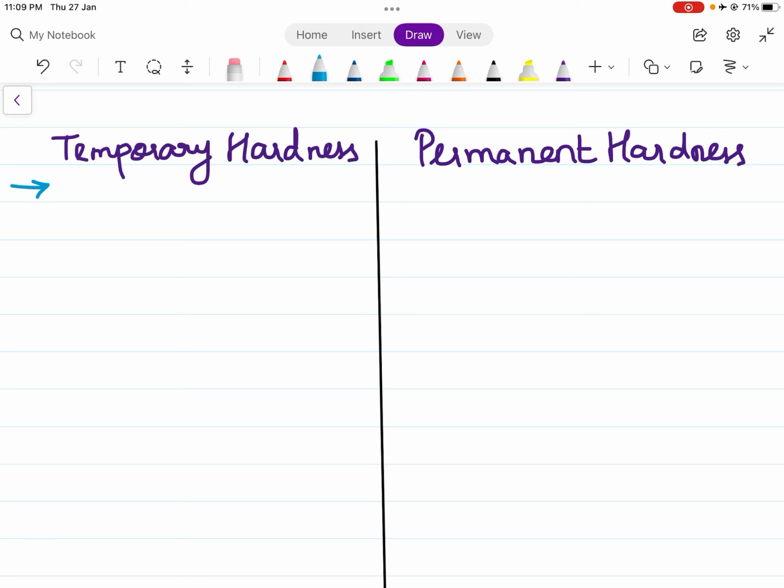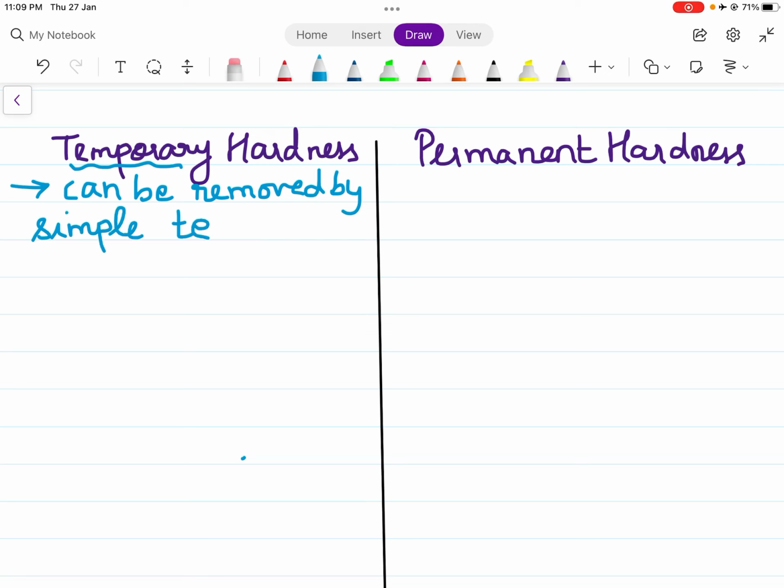So the first point says that temporary hardness can be removed by simple techniques. This is a very, very important difference.